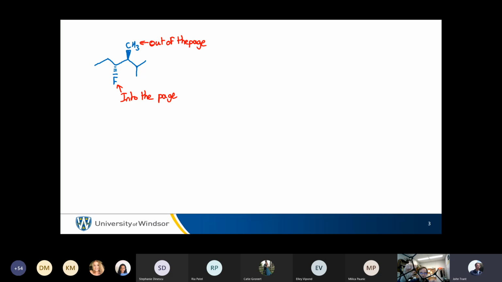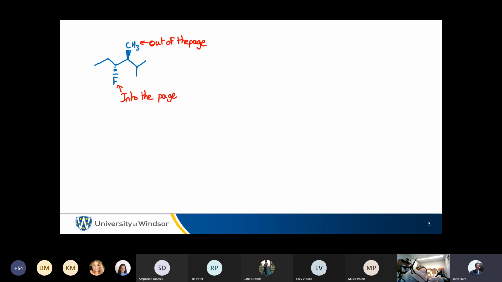I'm holding the middle methyl carbon. So we've got 1, 2, 3, 4, 5 carbons. 1, 2, 3, 4, 5. This final carbon has 2 methyl groups off of it. This carbon number 4 has a methyl group coming out of the page towards me. It is whacking you in the head.